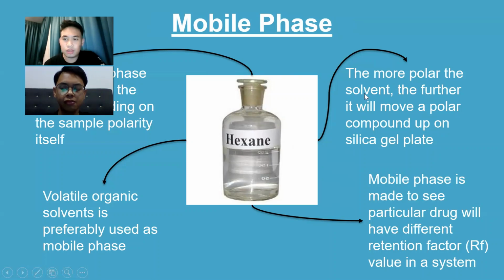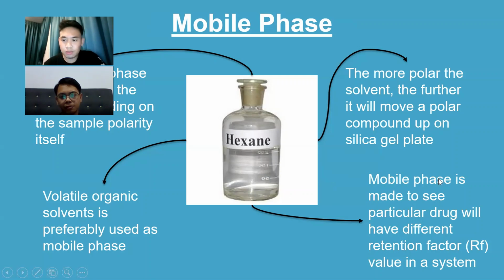It means that when we use a polar mobile phase and the mixture used has a polar compound in it, the compound will travel further because the sample is polar. So it will move further with the mobile phase.